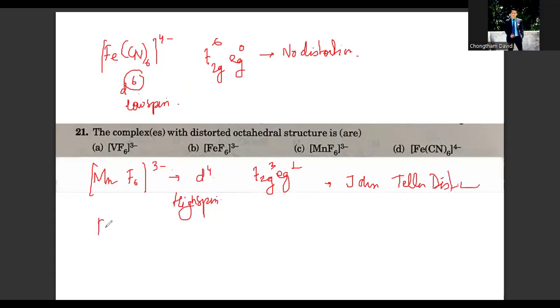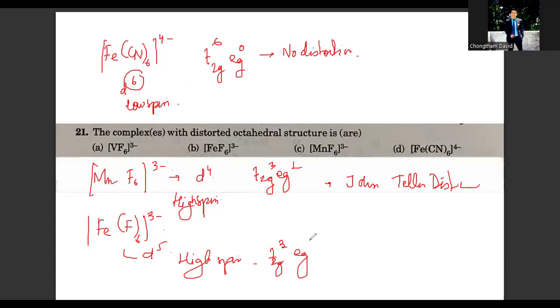Next, for the iron with coordination number 6, we have fluorine, 3 minus. The valence electronic configuration is d5 and it is high spin, so t2g3 eg2. The symmetric electronic configuration is present, so there is no Jahn-Teller distortion.